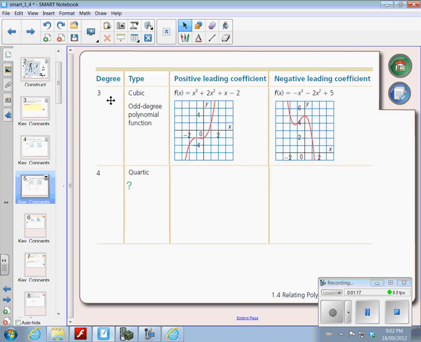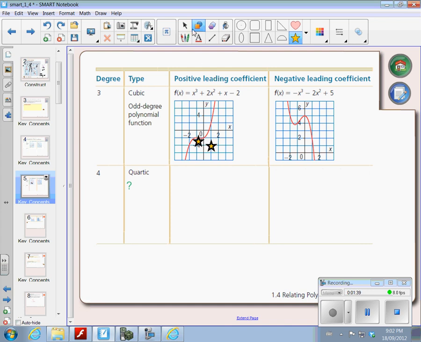Number 3, degree of 3 means the highest exponent is a 3. So here we go. The lead coefficient is a positive 1. It falls down to the left and goes up to the right. And once again, notice that there are two critical points. There's one here and one here.